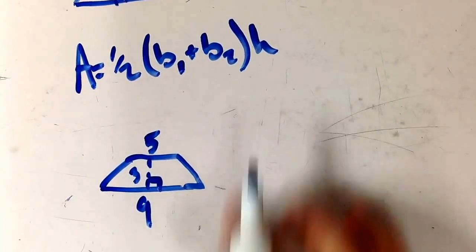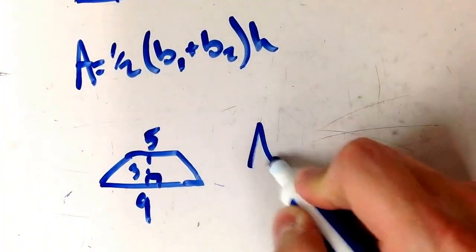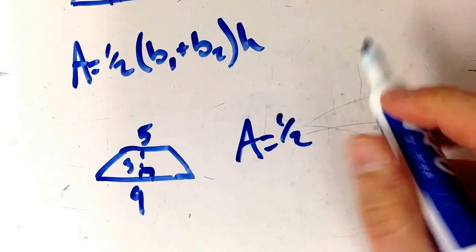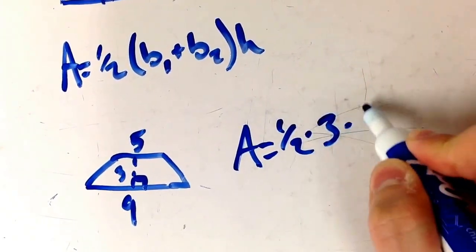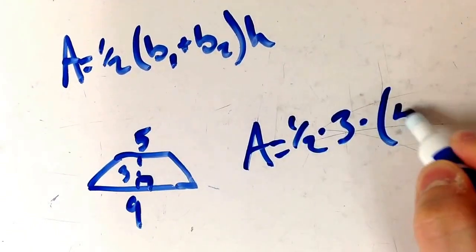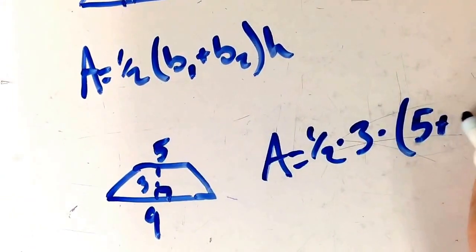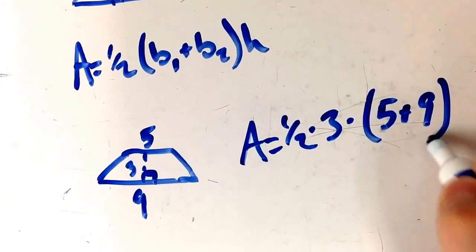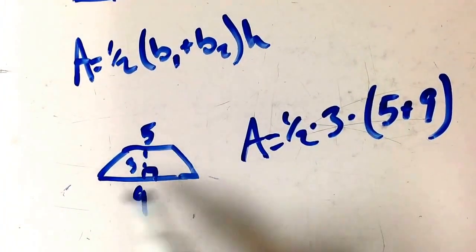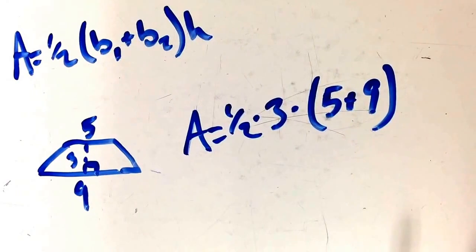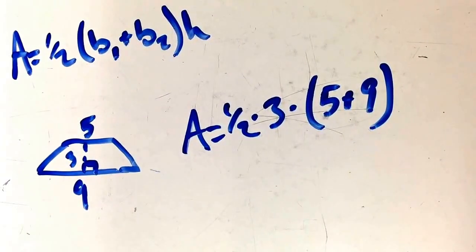So I'm going to have 1/2 times my height of 3, times 5, which is base 1, plus 9. So the top and the bottom form base 1 and base 2. From here, it's just simplifying and solving.